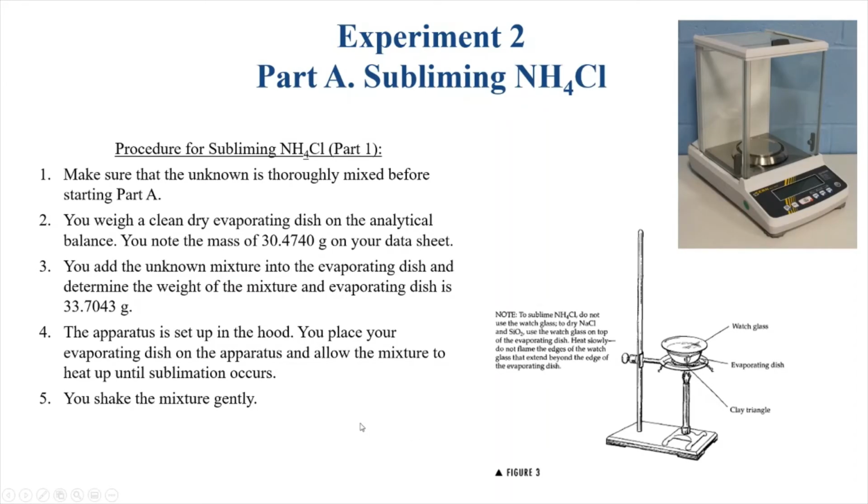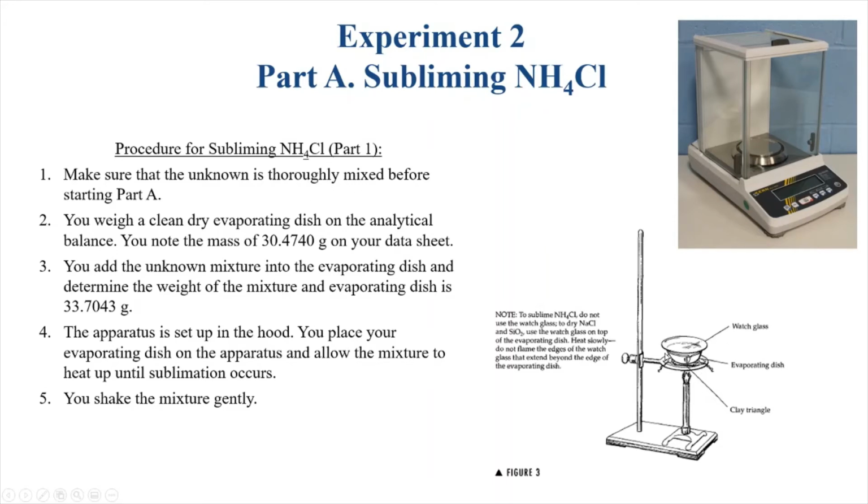Okay, so let's talk about how we're going to do part A, the sublimation of NH4Cl. The most important thing with this experiment is that you have to weigh. We have to weigh everything, because we're going to be obtaining mass by the difference of mass. Let me explain what that means. We have glassware that's around, right?